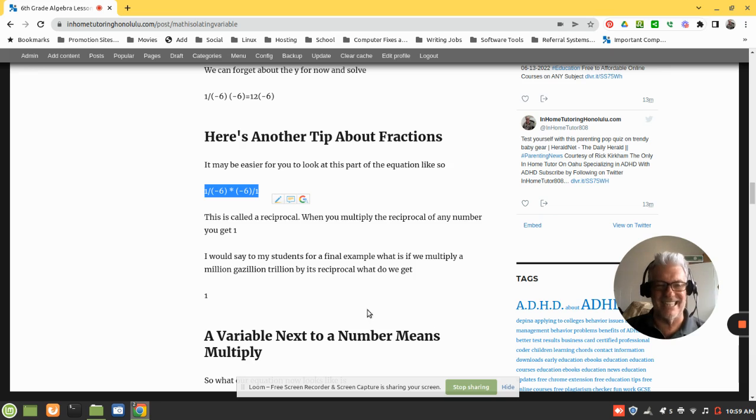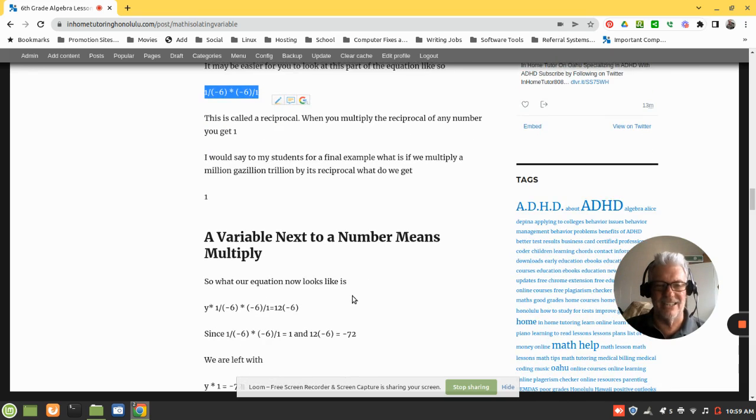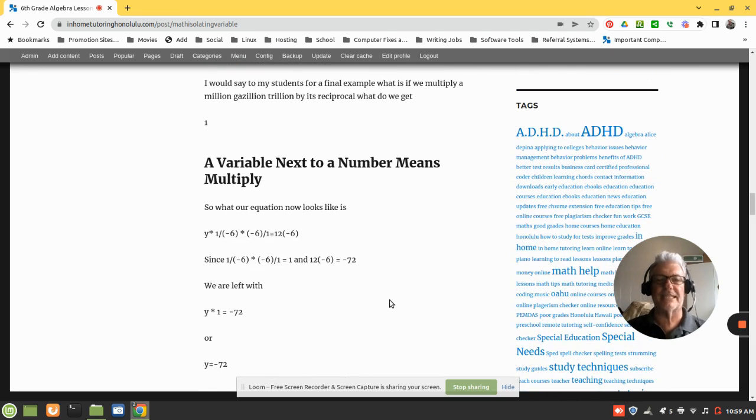Okay, in fact, I did that example right here. Now a variable next to a number means multiply, by the way. So this y times 1 divided by negative 6 times negative 6 divided by 1 equals 12 times negative 1.